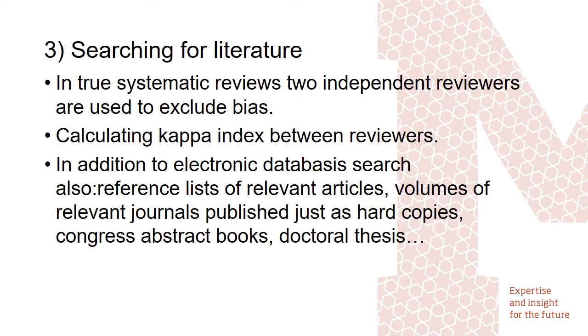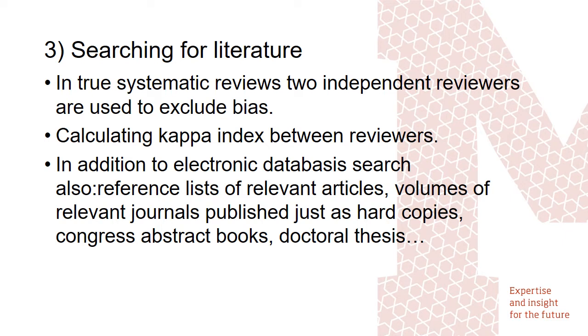As presented in one of the very first slides, one can make a systematized review or scoping review on one's own, but for other types of systematic reviews, one needs at least two independent reviewers to confirm the search process and exclude search bias.